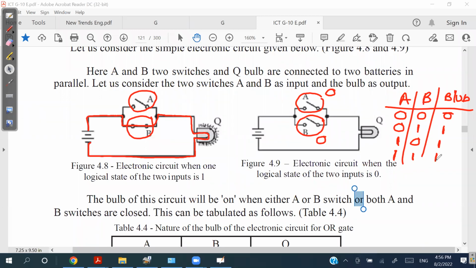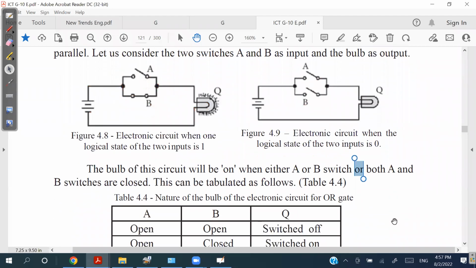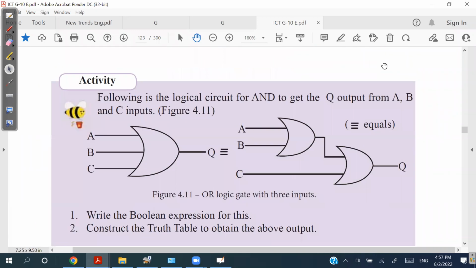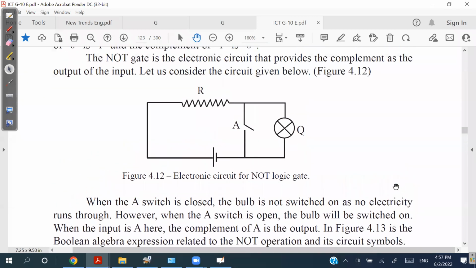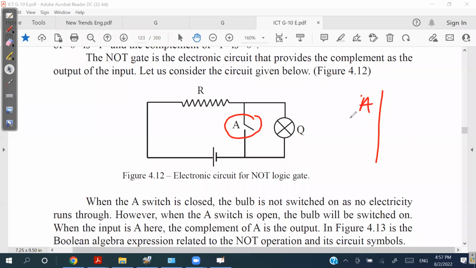Yes, sir. Right. And then finally, they have taken you to the NOT gate. Here they have used a different kind of drawing where they have only one switch. It is very convincing, right? Because we have just one input for the NOT gate.